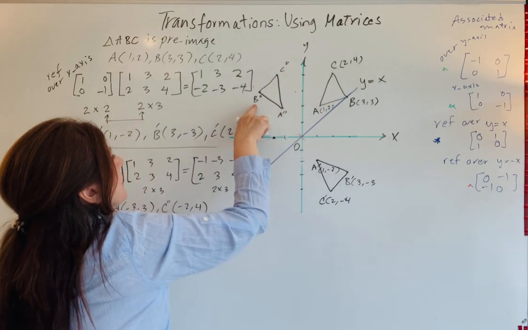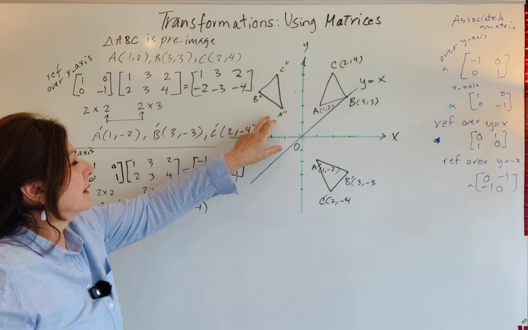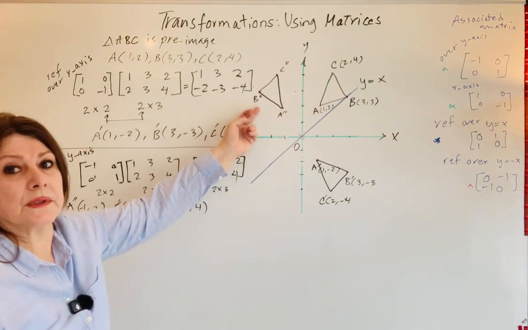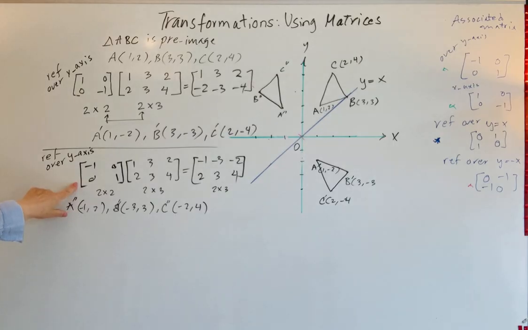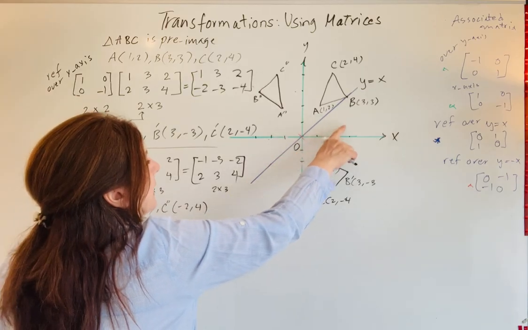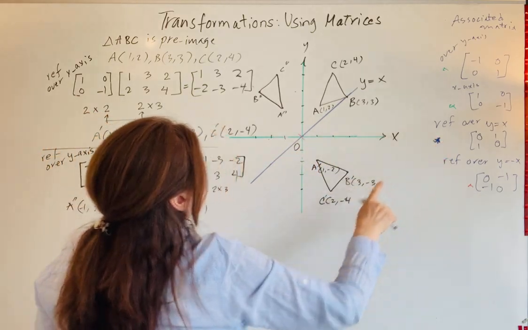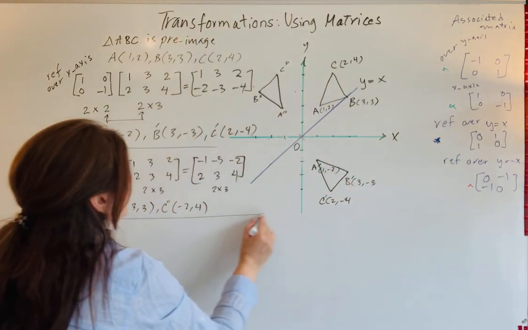A double prime, B double prime, C double prime is the reflection of this one over the y-axis by using this associated matrix. Okay, this was over the x-axis, this was over the y-axis. For reflecting over y equals x, we use another matrix.